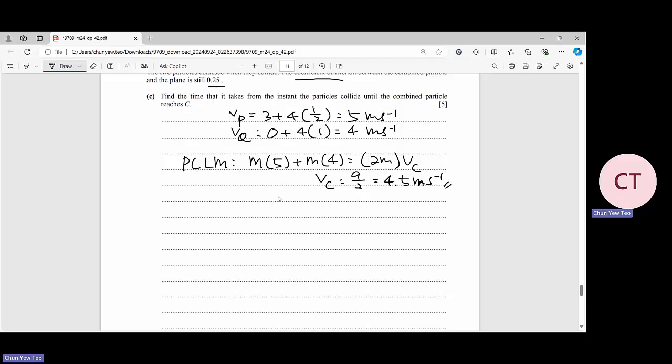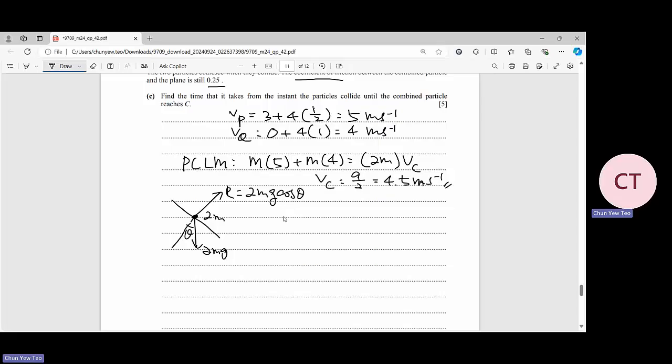Okay, now after they collide, the mass has become 2m. This will become 2mg. The theta is still the theta. The R this time has become 2mg cos theta.